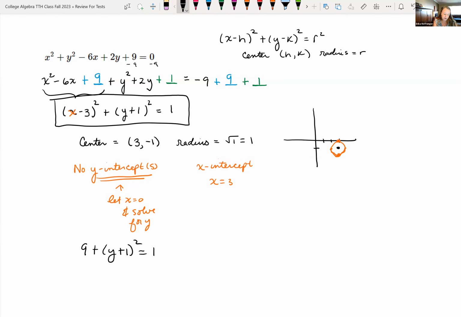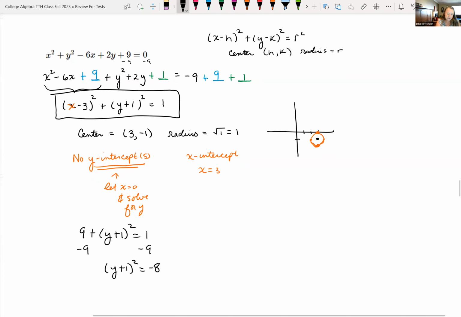I can use my square root method because I have that perfect square. So let's isolate that perfect square by subtracting 9. So I have y plus 1 quantity squared equals negative 8. Right here, I can see there's no solution because when I take the square root of both sides, the square root of negative 8 is not real. It's an imaginary number. And so that tells me that it's not going to cross the y-axis.